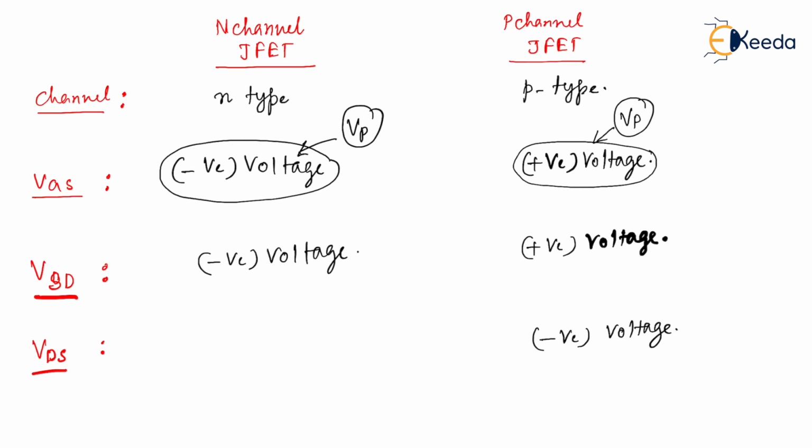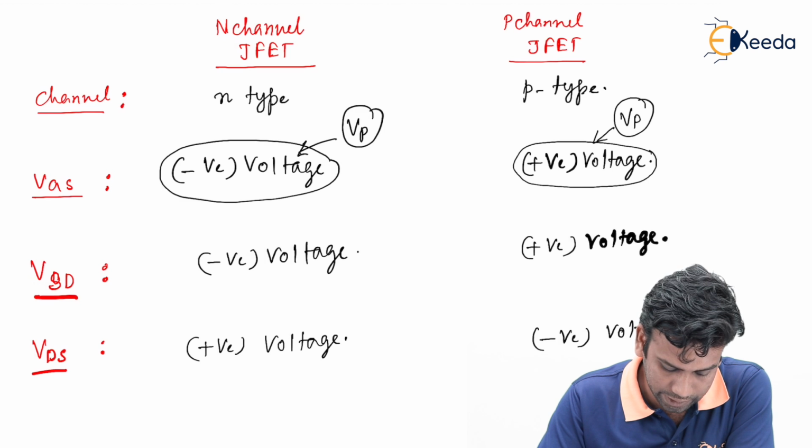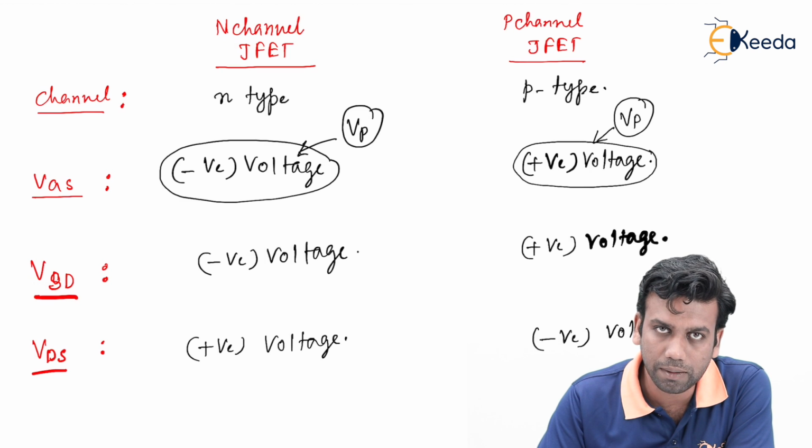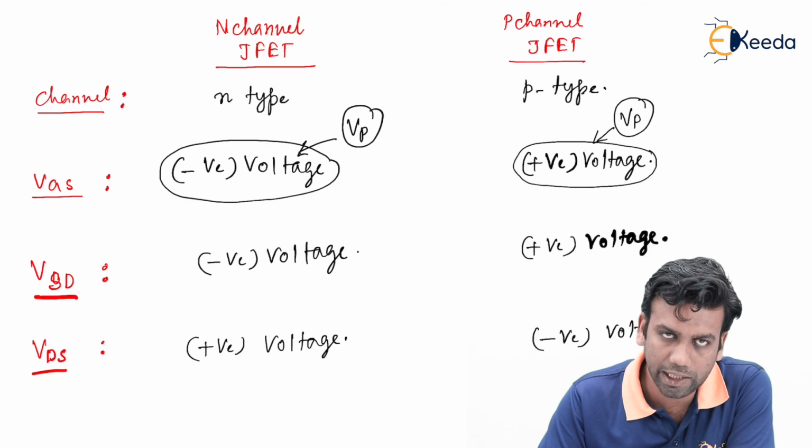That means that the source terminal will be at lower potential than the drain terminal in the N channel JFET. So the VDS will be positive voltage. That means the drain will be at higher potential than the source terminal in the N channel JFET. So this is how we can summarize all the voltages, currents and channels in the two types of JFET, and this is all about the operation of junction field effect transistors for P channel and N channel.